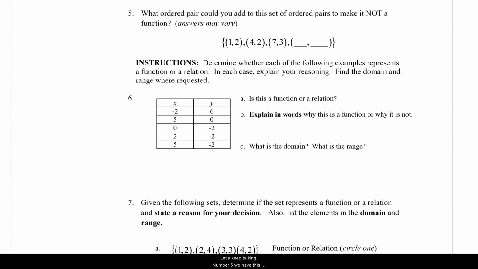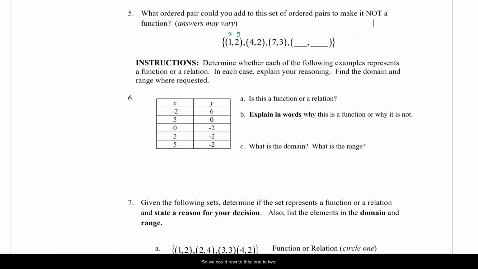Let's keep talking. Number 5, we have this example of ordered pairs. Ordered pairs are examples of ways we can write functions, meaning that the first value is in the domain and the second value is in the range. So the first value, the input, the second value, the output.